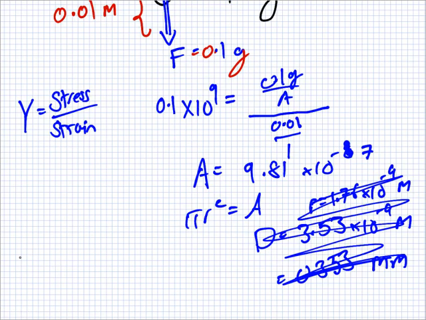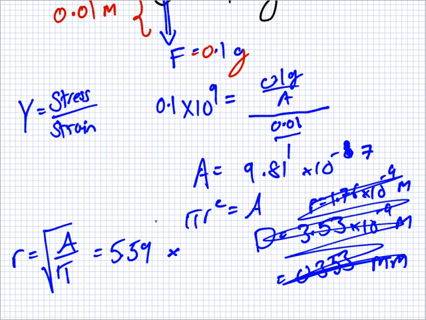So now the radius is the square root of the area divided by pi. So that's 5.59. No? Oh, hang on, something's wrong with me. Maybe I could be wrong. Okay, I can live with that. 9.81 times 10 to the power minus 7 divided by pi, square root.